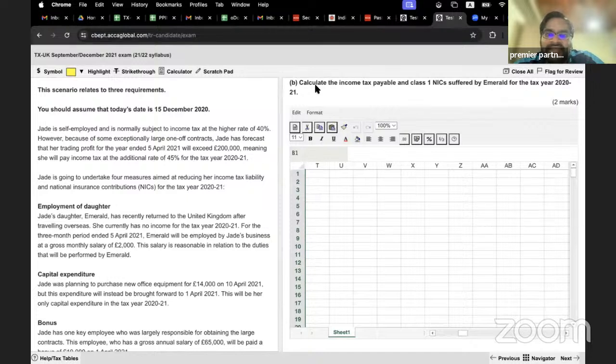Right. Second one, they are asking to calculate the income tax payable and class 1 NIC suffered by Emerald for the tax year. Forget about the tax year. We will do it with the provisions for the current tax year. Requirement, is it clear?